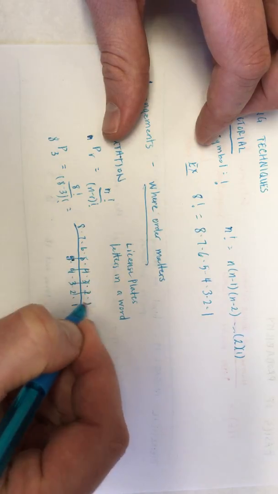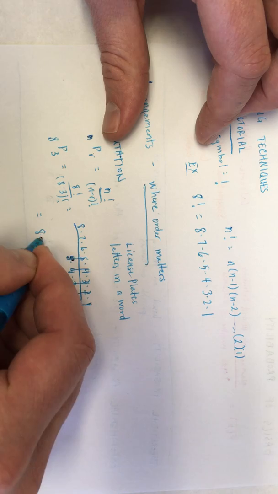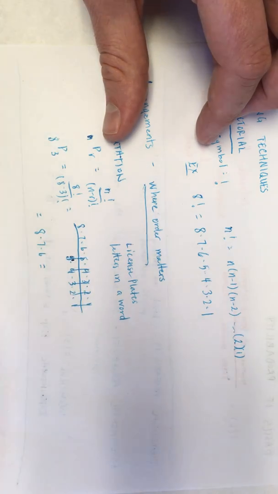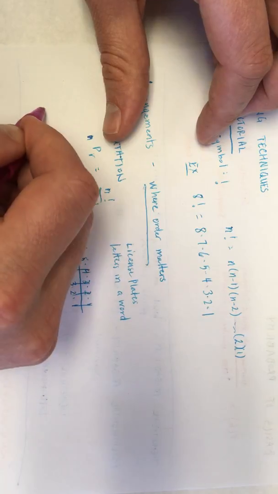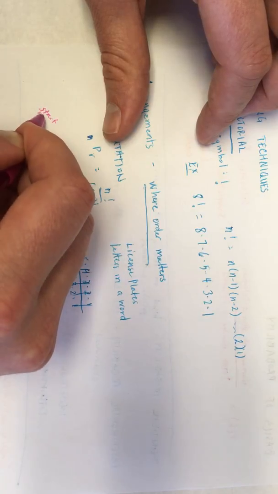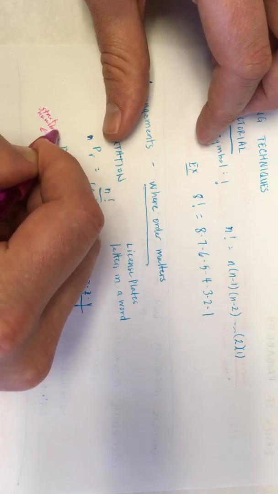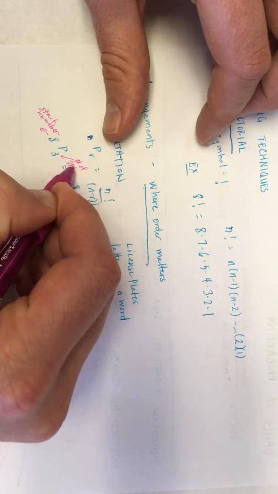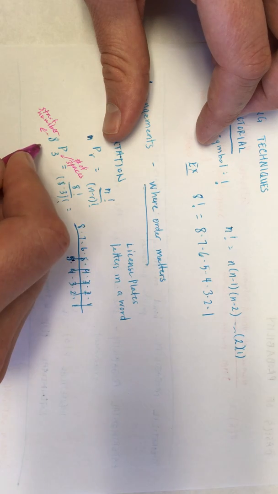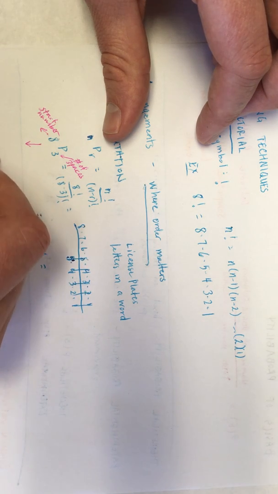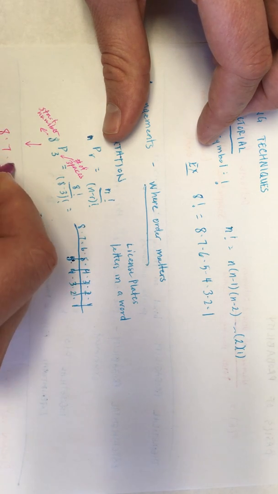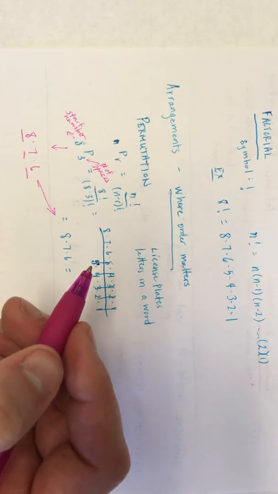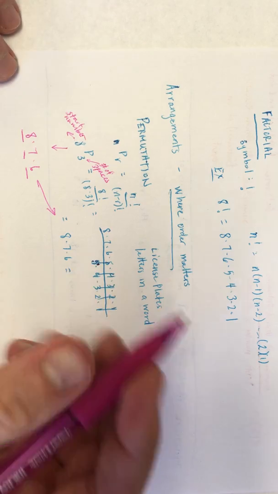So these all simplify out, and I'm left with 8 times 7 times 6. I like to use a little bit of a shortcut. This gives me my start number. This is my number of spaces. And so the way I do this problem is I have 3 spaces. I start at 8, 7, and 6. It gives you the same exact thing. It's kind of my shortcut.